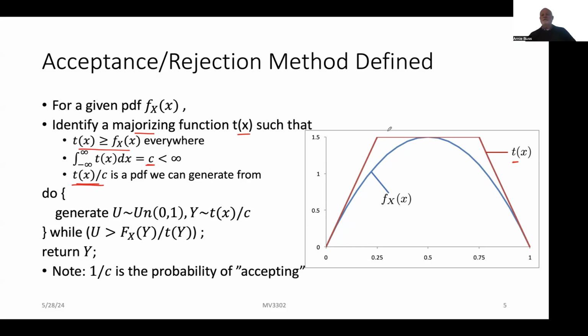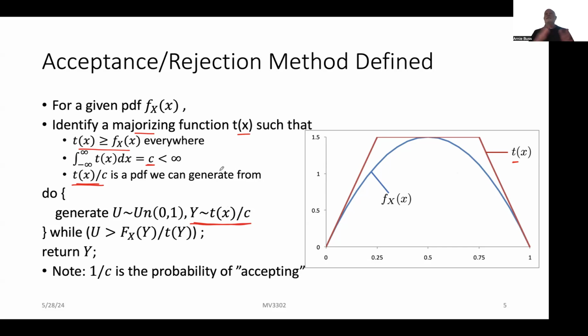In this particular case, for this blue PDF, I was able to define a majorizing function that's a trapezoid. And now that we can generate from trapezoids, I can apply the method. I choose a majorizing function in such a way that when I turn it into a PDF, it's something I know how to generate from.